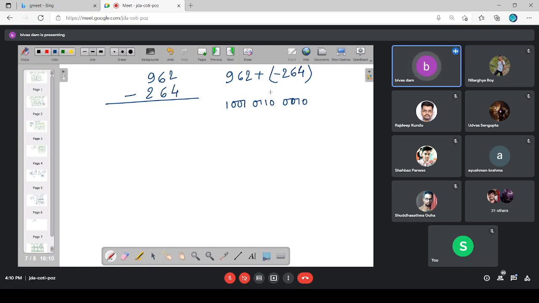What is the 9's complement of minus 264? Sorry, once again I'm doing the same mistake. What is the 9's complement of minus 264?